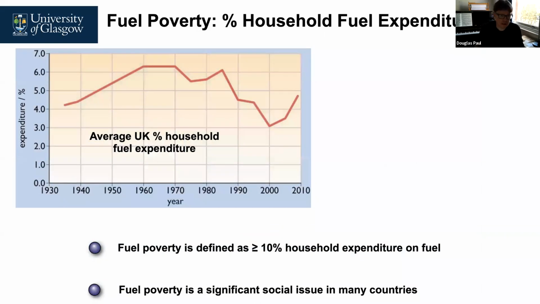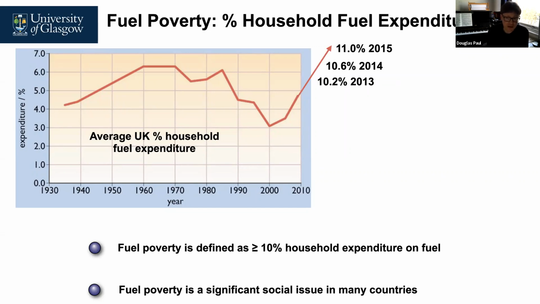Now, fuel poverty has been something that in the UK has been discussed much more in recent times. And this is old data that you see there. If I update it, you can see, in fact, fuel poverty has been rising quite substantially throughout the last decade in the UK.